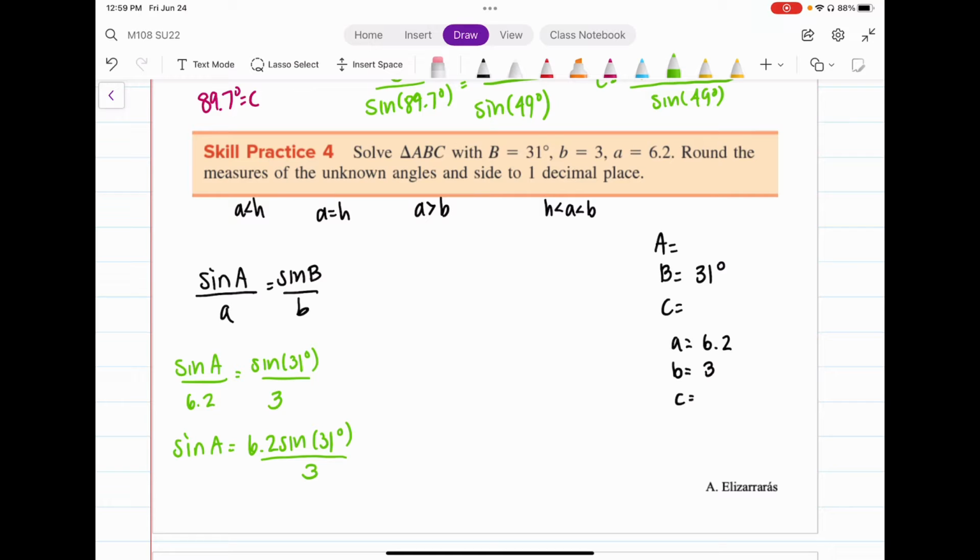We then need to use the inverse sine of 6.2 sine 31 degrees divided by 3 to find the angle A. When we find the arc sine of 6.2 sine 31 degrees over 3, we get a negative angle, which can't be a triangle angle, so this forms no triangle.